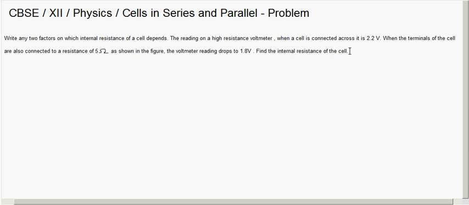First take down the figure also. I have a cell connected to a resistor. The resistor value R is 5 ohm.